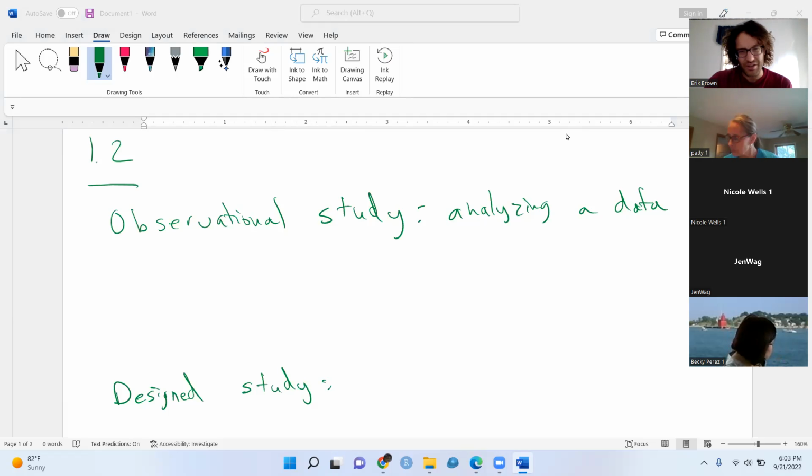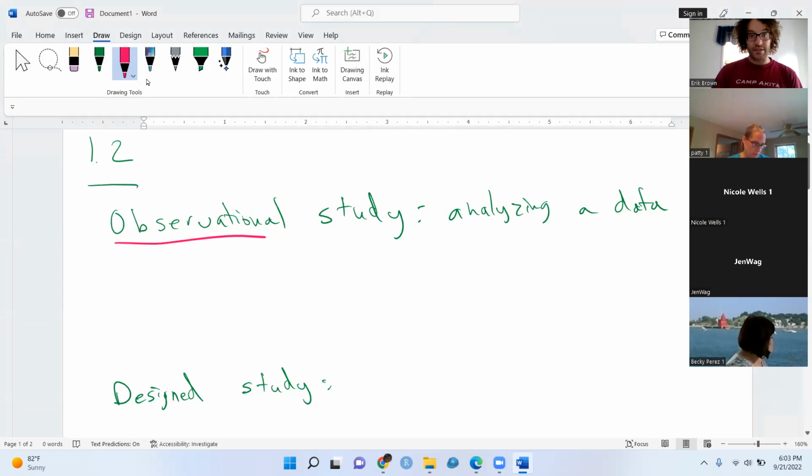We kind of know cigarette smoke is not particularly healthy for anyone, and probably also for the fetus and the unborn child. So what we do is we go to a hospital and contact all the people that gave birth at some point and ask, how many cigarettes did you smoke? You find the group that smoked a bunch, you find the group that didn't smoke while pregnant, and you compare the outcomes. That would be an observational study.